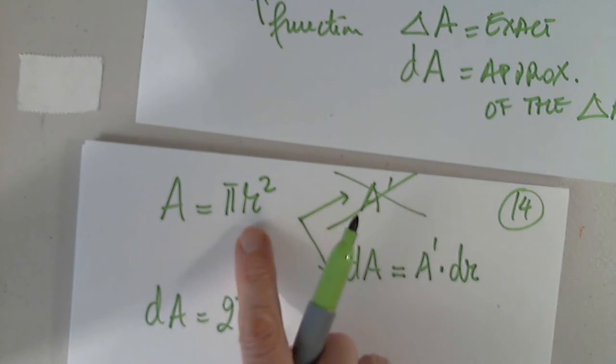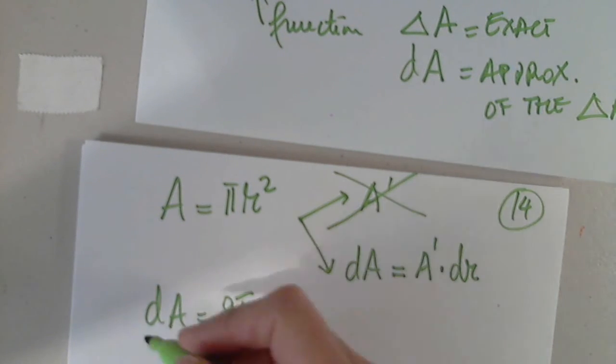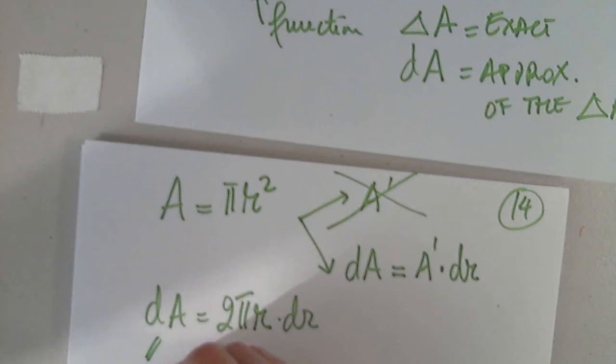When I differentiate this function, I get 2 pi r. But since this is not the derivative, but the differential of A, I have to multiply by dr. And this is the error in area.